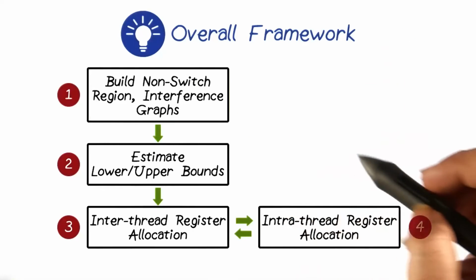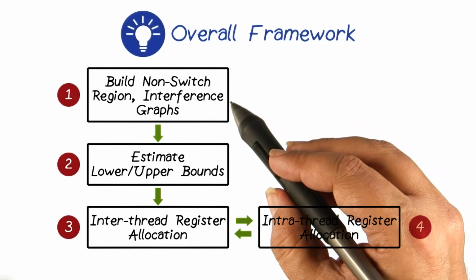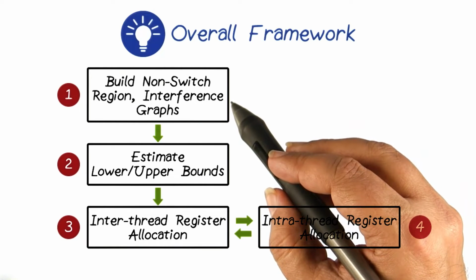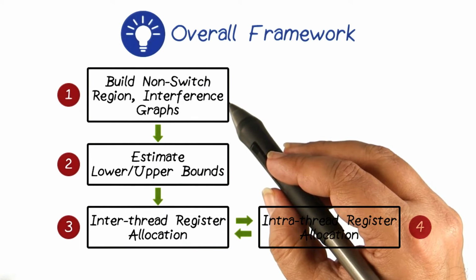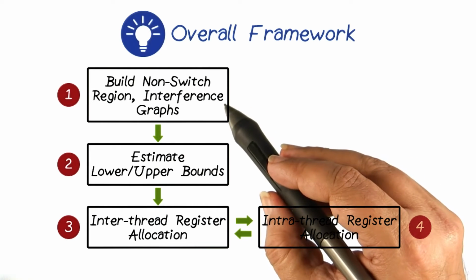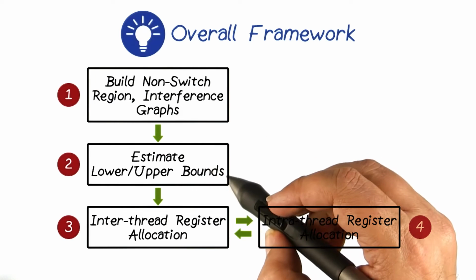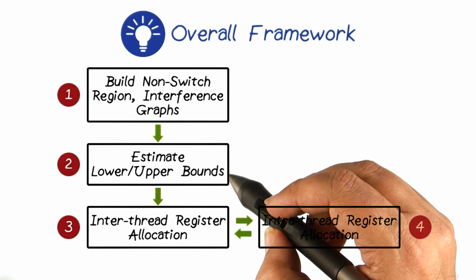So here is the overall framework that we have, based on this observation. Build non-switch regions, that means a region which is between the different context switch instructions, and build the interference graph there. Build also an interference graph across the context switch boundaries. Estimate upper and lower bounds on the number of registers that are needed.